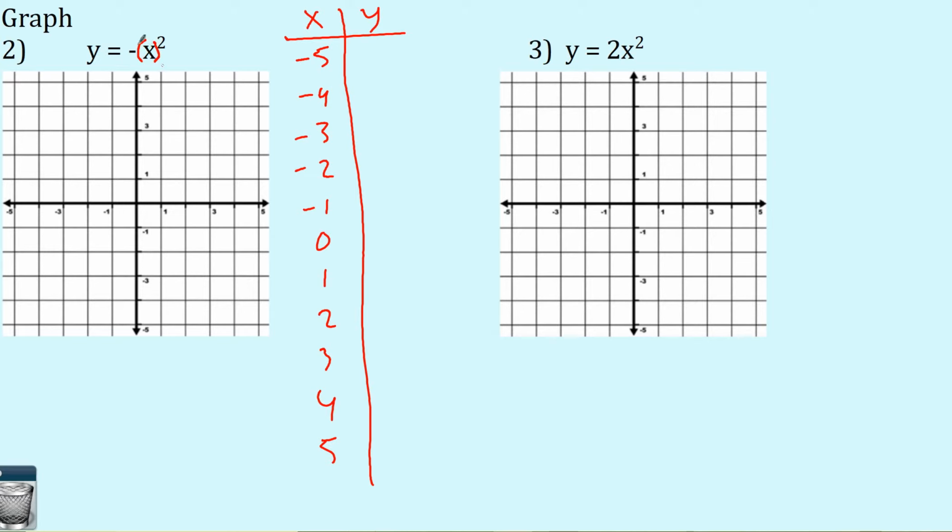Now, what do you do first? Do you do the negative or the squared? You know this, you do the squared first. So you want to square your x and then take the negative of it. We square the x, we get 25, then take the negative. Square it, then take the negative. So hopefully when you're plugging these in, you're getting this. Again, you can pause the video and then check.